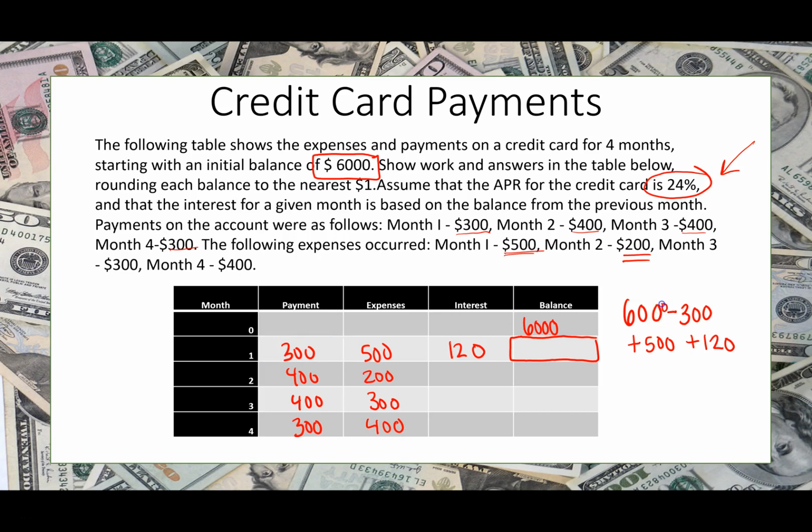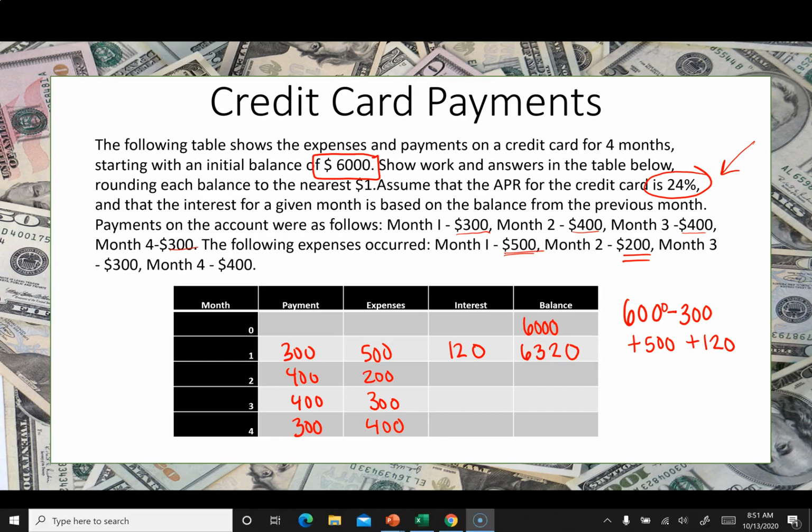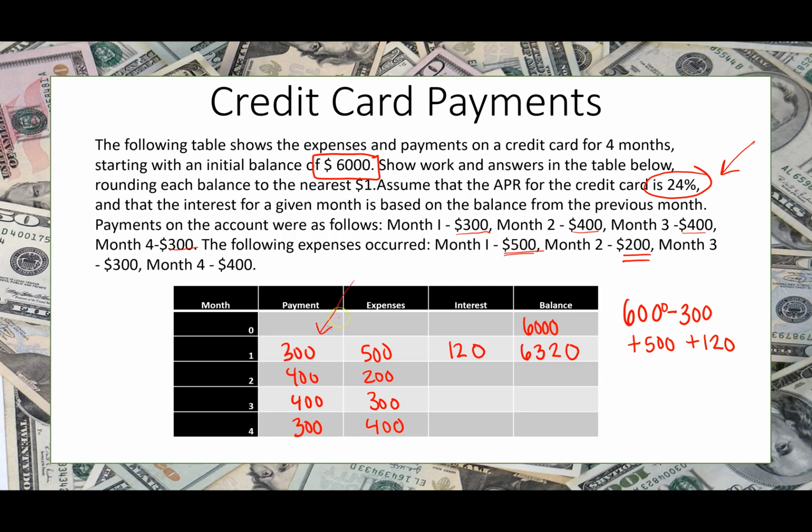So 6,000 minus your $300 because you're paying that off, but then you're adding 500 because you're buying something with your credit card, and then you're adding the 120 in interest. So that is $6,320. And honestly, that's kind of sad because you expected it to be at $5,700 because you paid off 300 of it, but unfortunately you've got expenses and you've got interest, so you didn't make any ground that month on paying off your credit card bill.